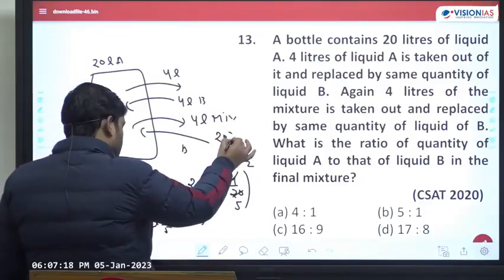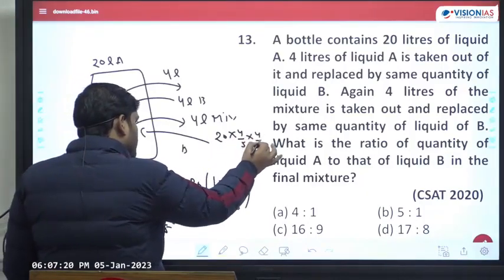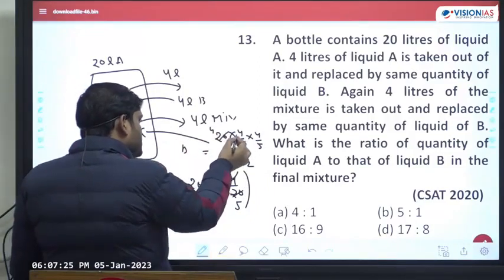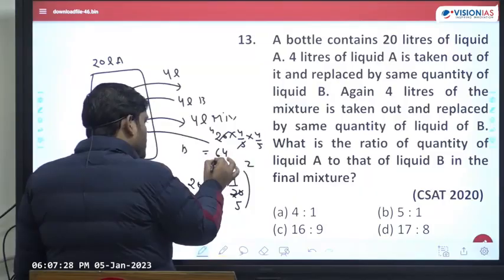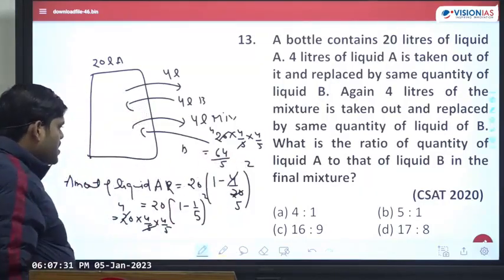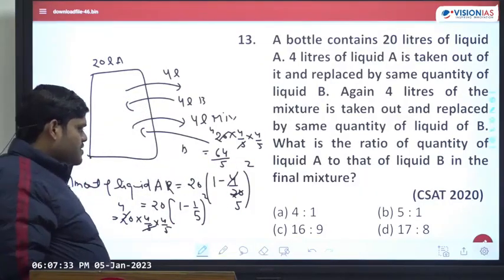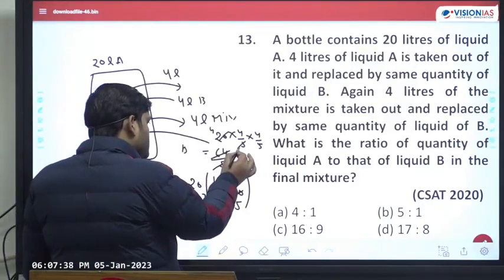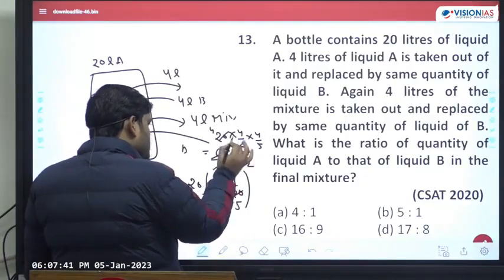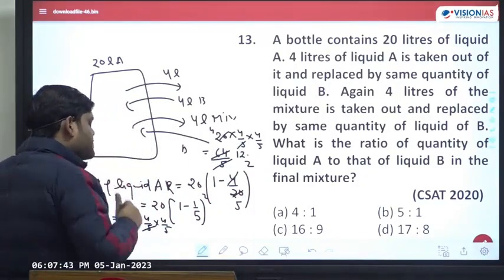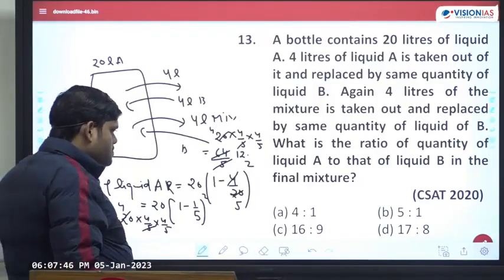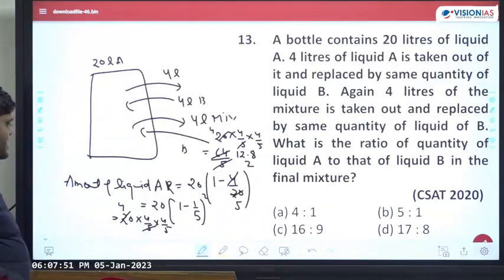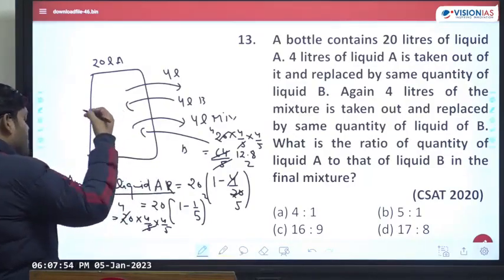Simply 20 into 4 by 5 into 4 by 5. Actually it is coming in decimal, no issue. 64 upon 5. Okay? So 64 upon 5 means 12.8. That means the amount of liquid A remaining is 12.8.